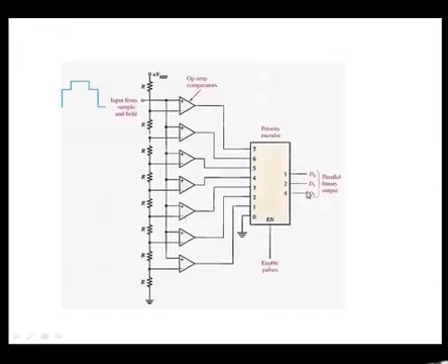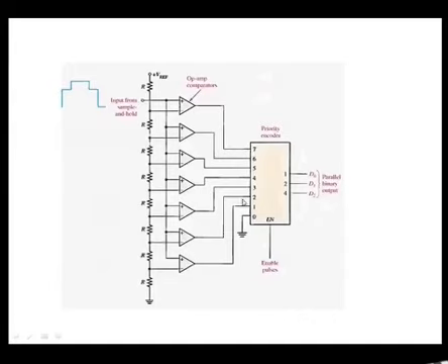The figure shows a 3-bit converter that uses 7 comparators: 1, 2, 3, 4, 5, 6, 7. The reference voltage for each comparator is set by a resistive voltage divider circuit, this one. The output of each comparator is connected to an input of the priority encoder.